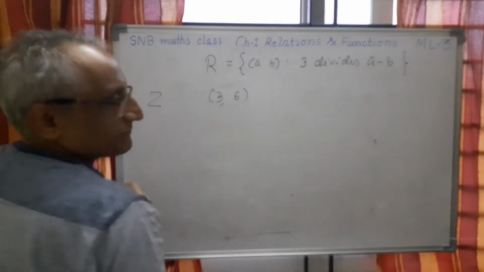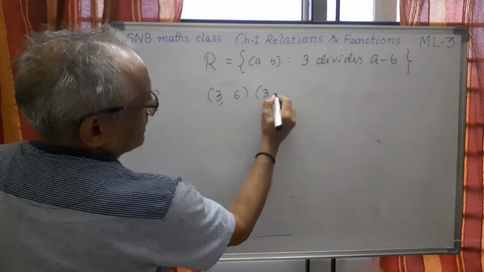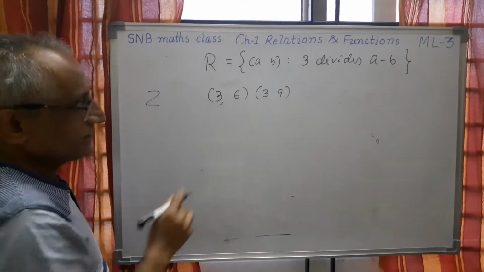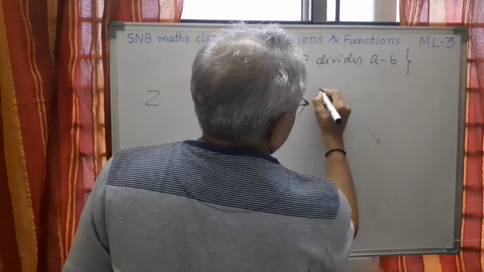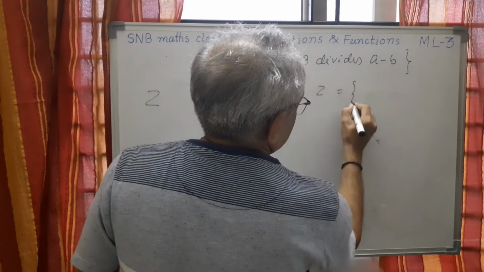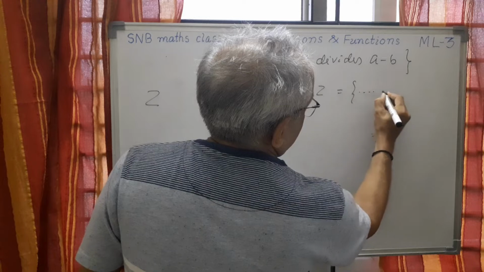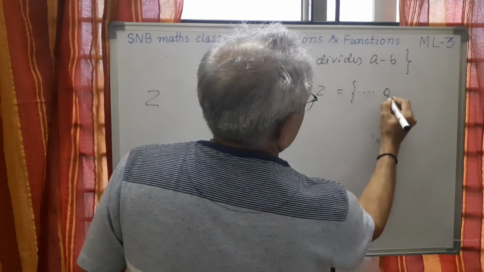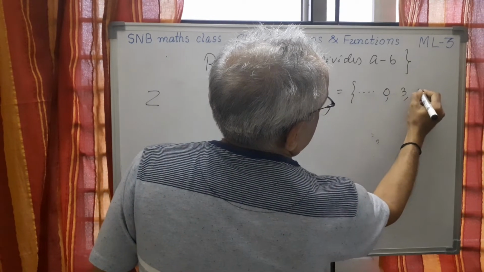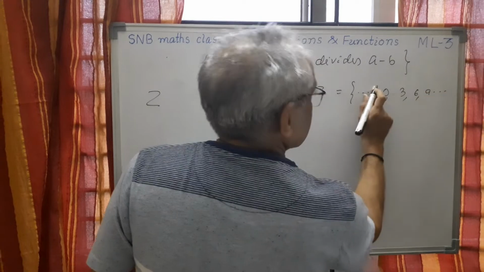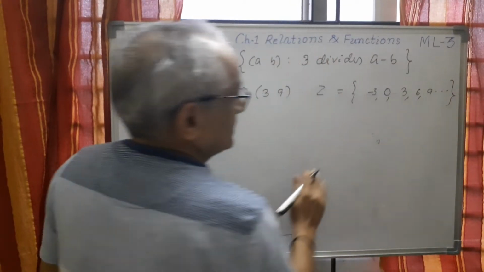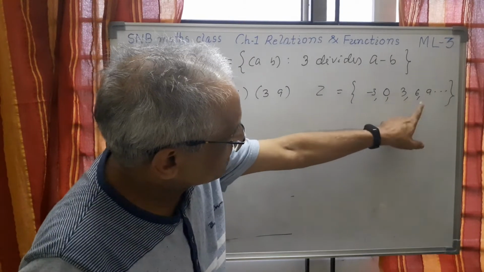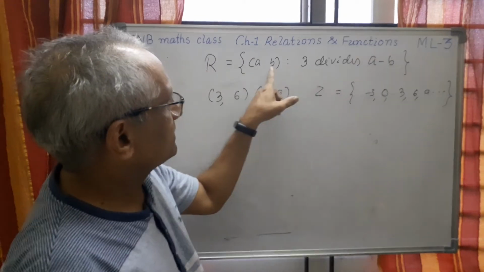These two are related. I can take 3 with 9 also. These two are related because the difference is divisible by 3. You take any number in the set: 0, then 3, 6, 9, etc. On this side also you can write minus 3, etc. All these integers, when you take the difference of them, it is divisible by 3.